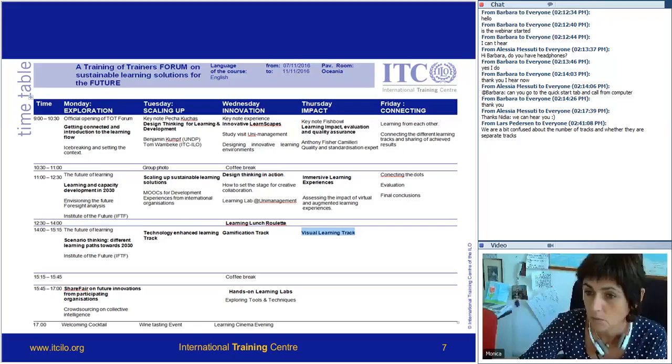Is this really going beyond its gadget stage, or can we talk about the new learning experience that will probably be elaborated in the upcoming 10 years, apart from the foresight picture that we will do on the first day? The last day, on the Thursday, will go really into the visual learning track of Monica.